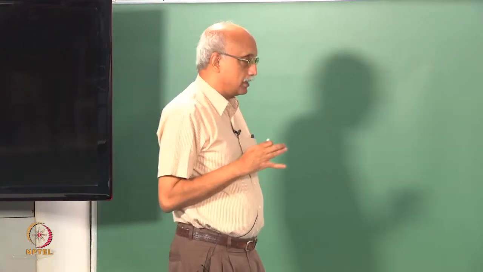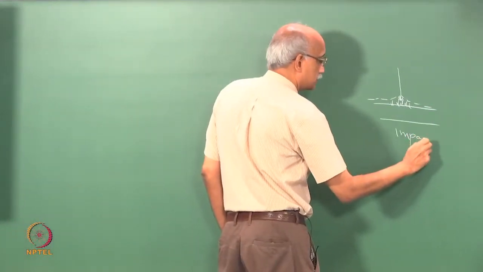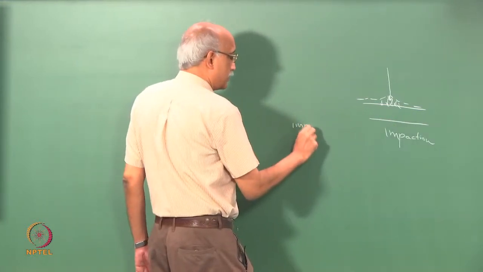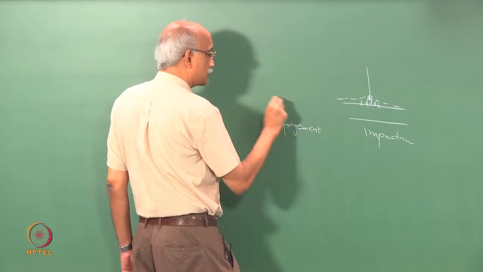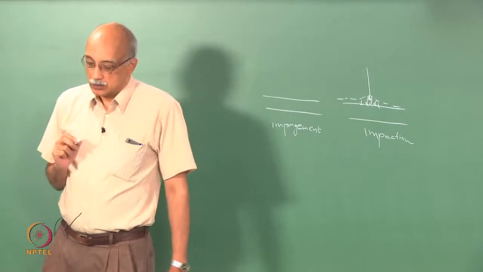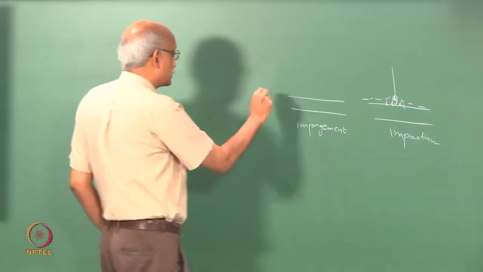So, this is an impaction mechanism. In the case of impingement, again let us say that this is a collector, the flow direction is parallel to the collector.